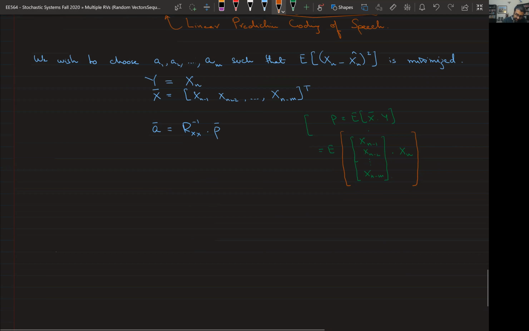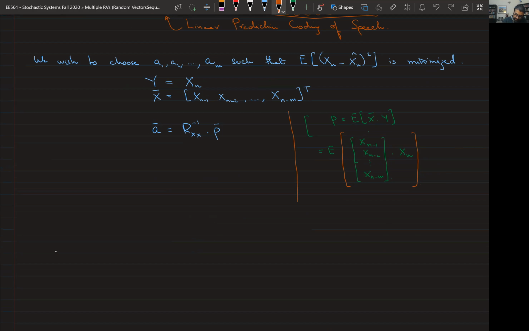So this therefore is equal to the expected value of xn times xn minus 1, xn times xn minus 2, all the way up to x of n minus m times xn.